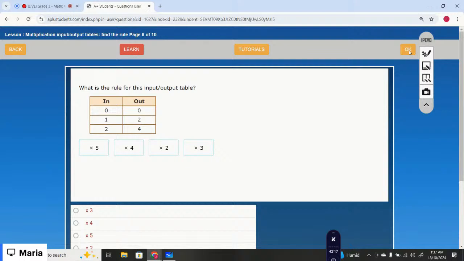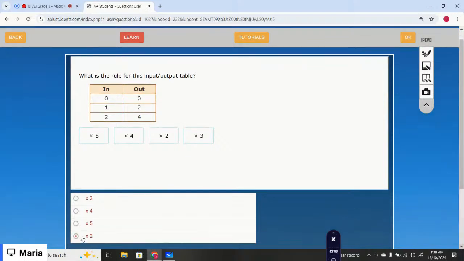What is the rule for this input output table? You have to multiply by 2.